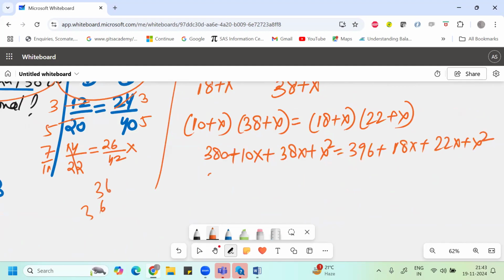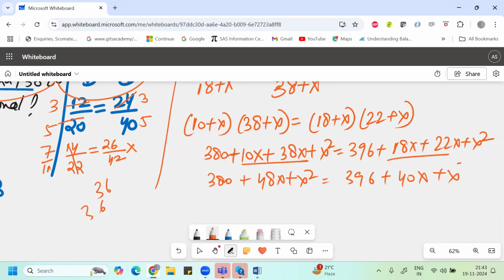So this would be 380 plus 48x plus x square is equal to 396 plus 40x plus x square. So x square cancels. So 40x, if I bring this side, this becomes 8x. 8x is equal to 396 minus 380, means 16. So your x is equal to 2.